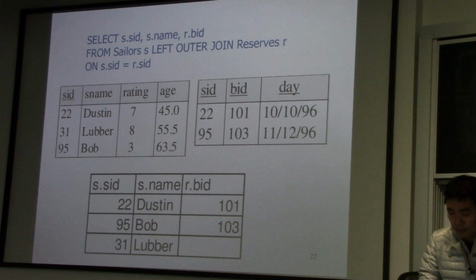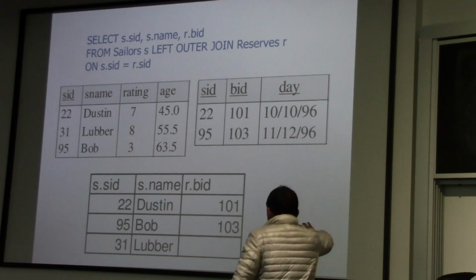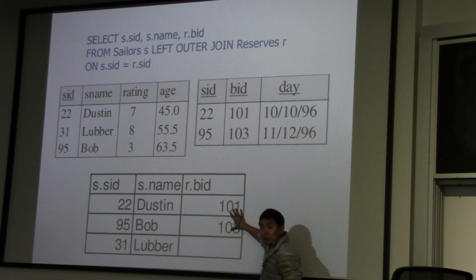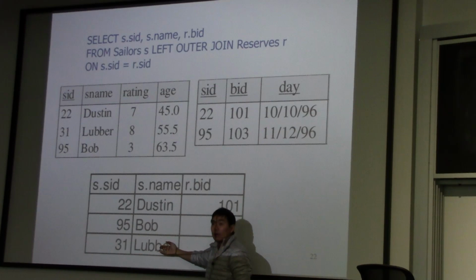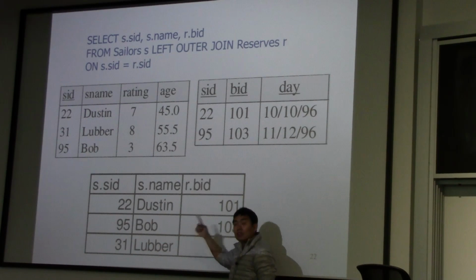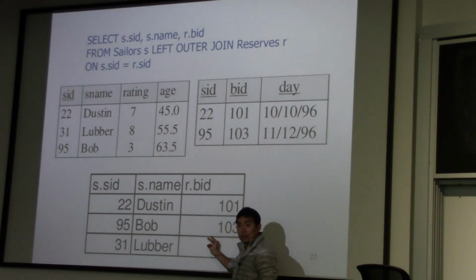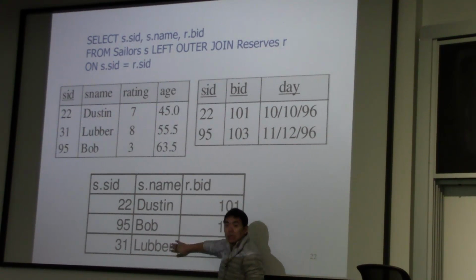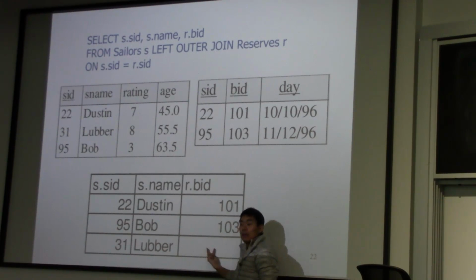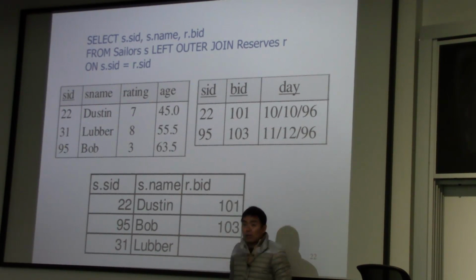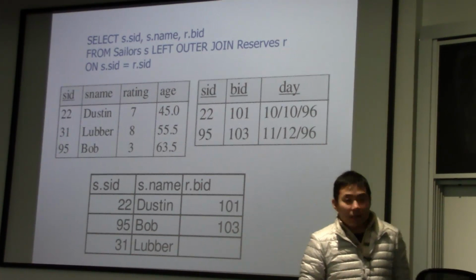So that's the opposite. You see, it includes everything from the inner join, those who reserve a boat, plus the record from the sailors, in this case only one such record, who does not satisfy the join condition. I will print out every single such record from the sailors, and leave null value for the attribute from the other side that you do not have a match for.